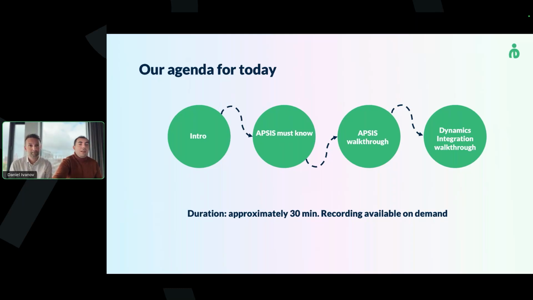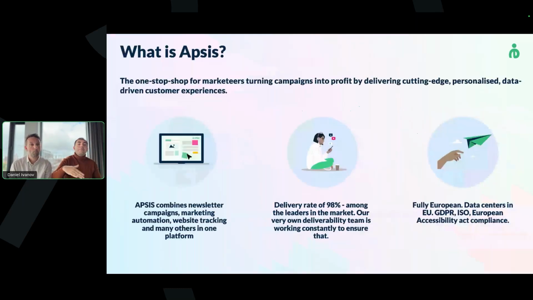Very good. Let's jump into what Apsis is. Apsis is a marketing automation platform. I think that much is clear. We call it a one-stop shop for marketeers to turn their campaigns into profit. That's a more professional way to say that all the things you need in your marketing approach towards your visitors, recipients, clients, whatever you want to call them, can be found in Apsis.